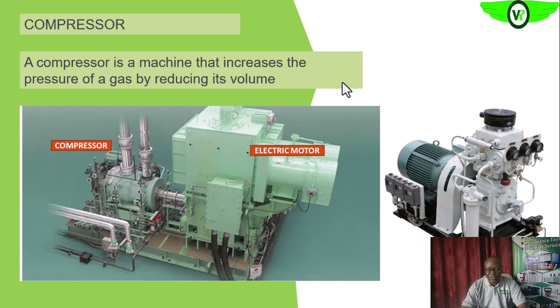But before we go into it, we want to define or try to understand what a compressor is. As you can see on your screen, a compressor is a machine that increases the pressure of gas by reducing its volume.